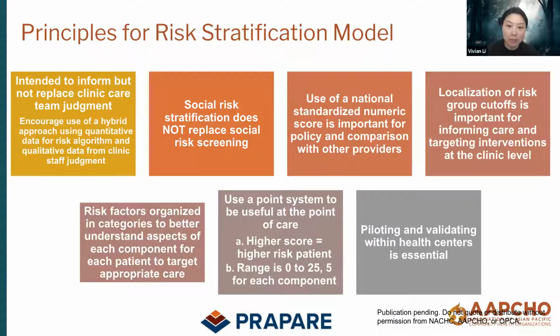We wanted a simple point system to be used at the point of care with a higher score representing a higher risk patient. And finally, the participants recognized the importance of being able to test and validate the risk model. Next slide, please.